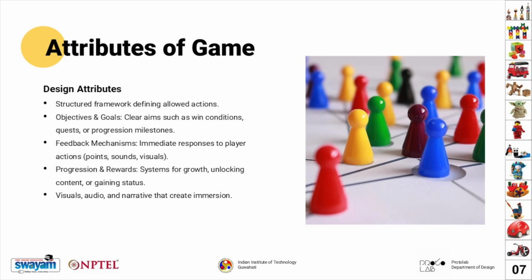Games provide feedback mechanisms that respond immediately to player action, using points, sounds, or visual cues. They also include progression and reward systems. Visual elements, audio, and narrative further support the experience by creating immersion and holding the player's attention.